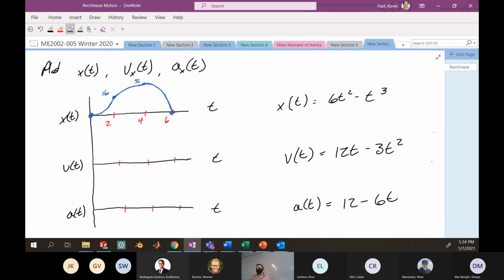The y-axis denotes the one-dimensional x position of this particle with respect to the origin on the one-dimensional line. So we reach a max position here, location 32, after 4 seconds. For the first couple of seconds, he accelerates a bit slowly, but then he picks up speed and gets out to a point of 32, slowing down as he approaches there, and then he starts coming back. And after 6 seconds, he's back at the origin after traversing quite a path to get there.